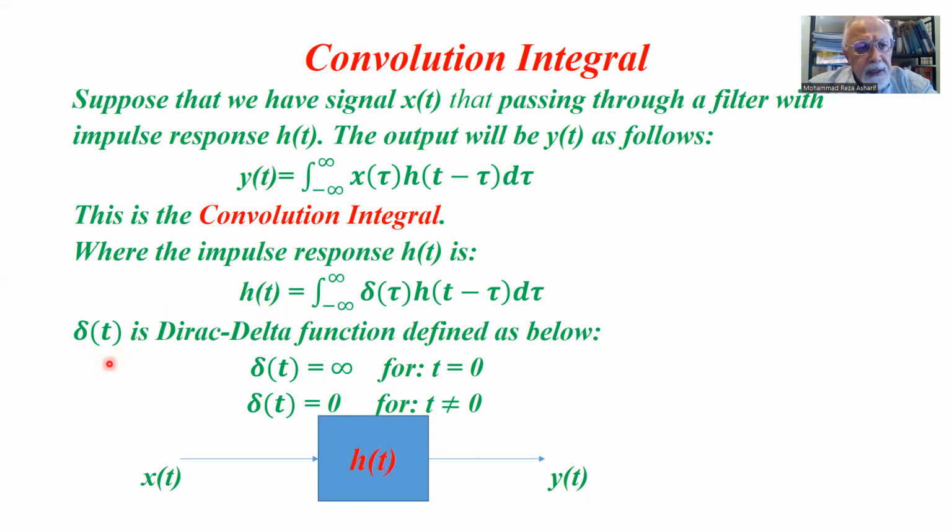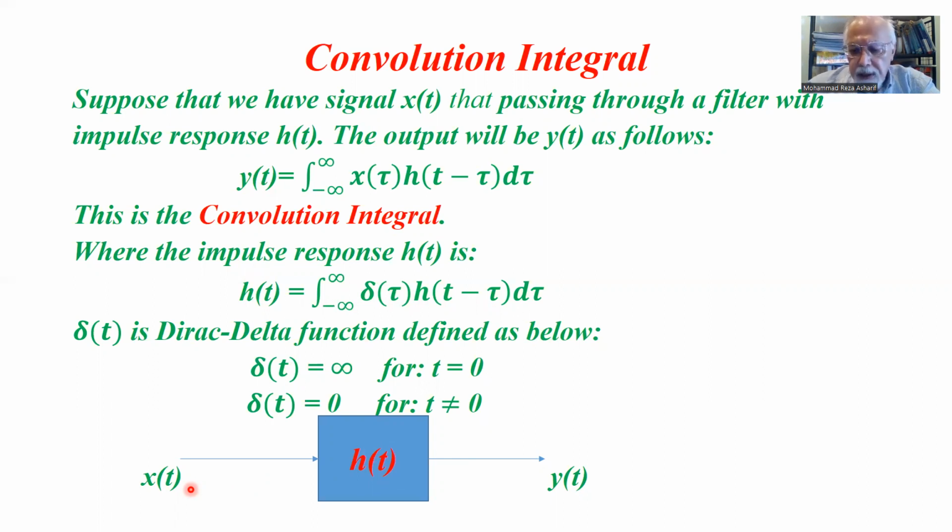If you insert the delta(t), the Dirac delta function, which is defined by this equation, at t equals 0 it is infinite, at t not equal to 0 it is 0, then this is the impulse response h(t) defined by the delta function, Dirac delta. Well, this signal, suppose that we're starting from minus infinite to plus infinite.